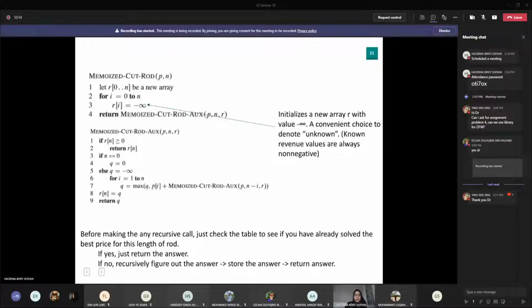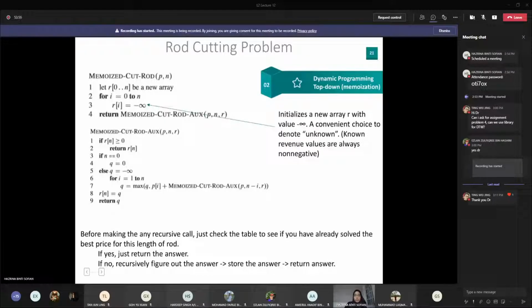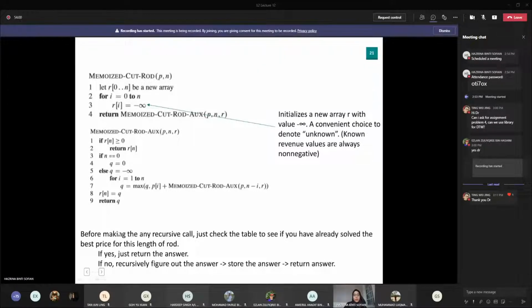So for the memoization, the concepts are all the same like we discussed just now, but there are two differences.